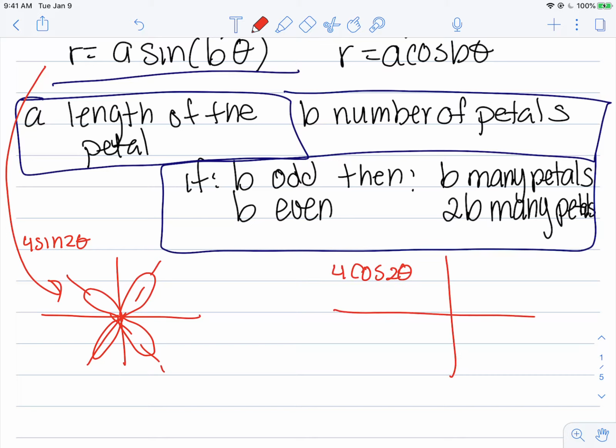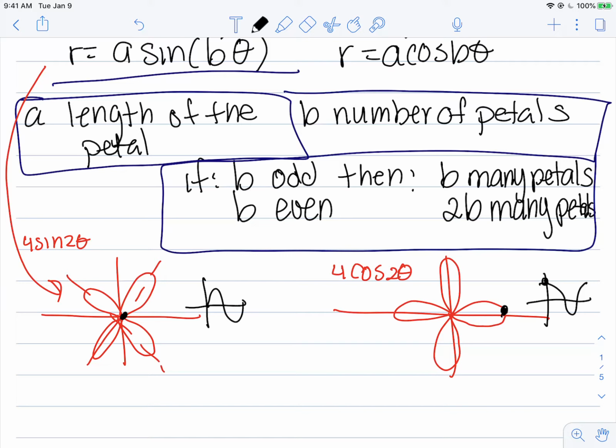It's the same thing, except now the petals do start at the polar axis. Okay, because it has to do with sine starting at equilibrium on your helper graph, and cosine starting at the max. So cosine starts at the max here.